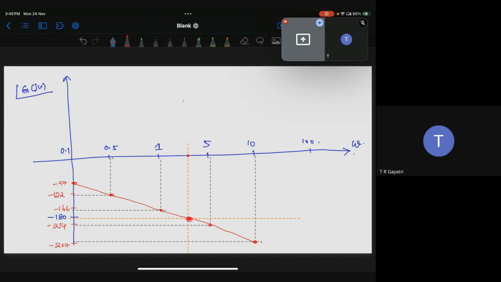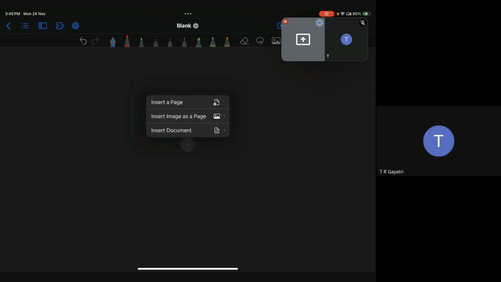So this will be omega PC, 2.2 radians per second. So when the angle becomes minus 180, the frequency is 2.2 radians per second.